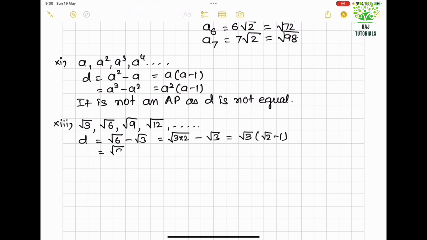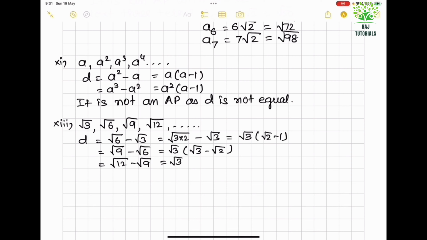Then root 9 minus root 6, so this will be root 3 minus root 2. Then root 12 minus root 9.